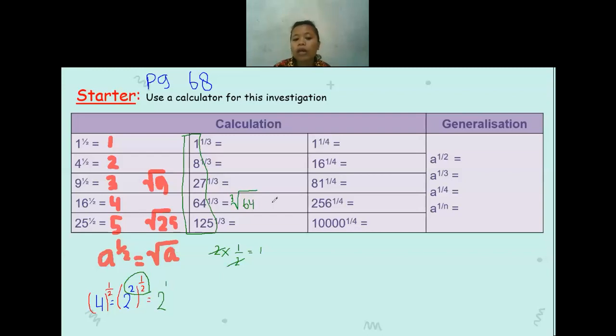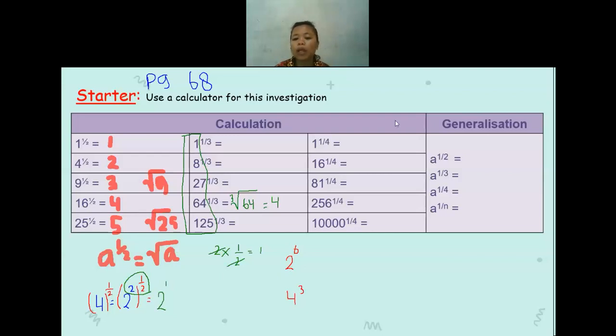Or you can solve it another way: change the 64 into an index number. You know that 64, we can write as 2 to the power of 6, or as 4 to the power of 3. Either one is okay as long as the index number is correct.